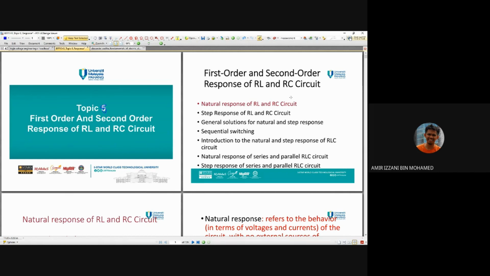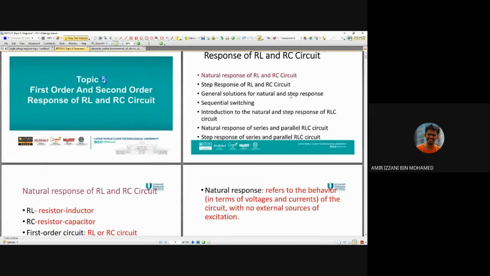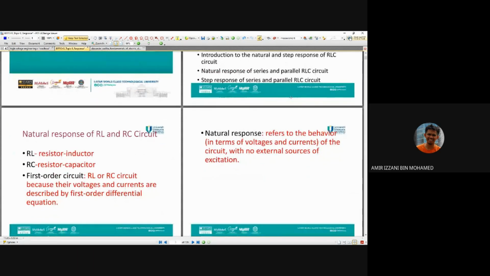Firstly, we'll take a look at the natural response of RL and RC circuits. So firstly, we need to understand what natural response is. It refers to the behavior of the circuit in terms of voltage and current when there is no external source.